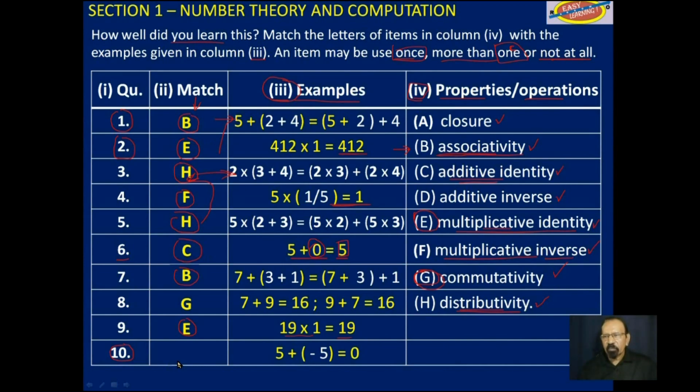And lastly, 5 plus negative 5 is equal to 0. The answer is D, which is additive inverse. So I hope you are now clear on these 8 concepts. And if not, as we go along, we will keep mentioning them and using them.